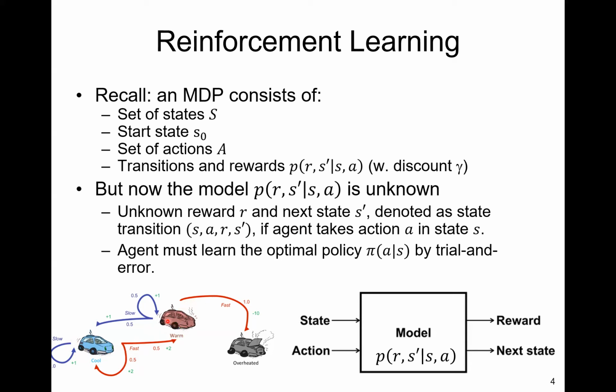And if you drive slow, you may stay warm or go back to cool. If you go into overheated, you get a -10 reward. So now the problem is that all these transition probabilities and rewards are unknown.